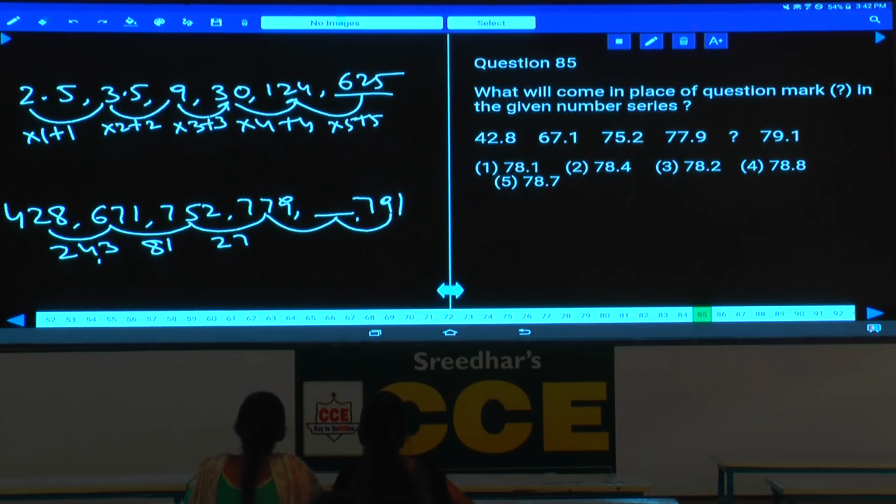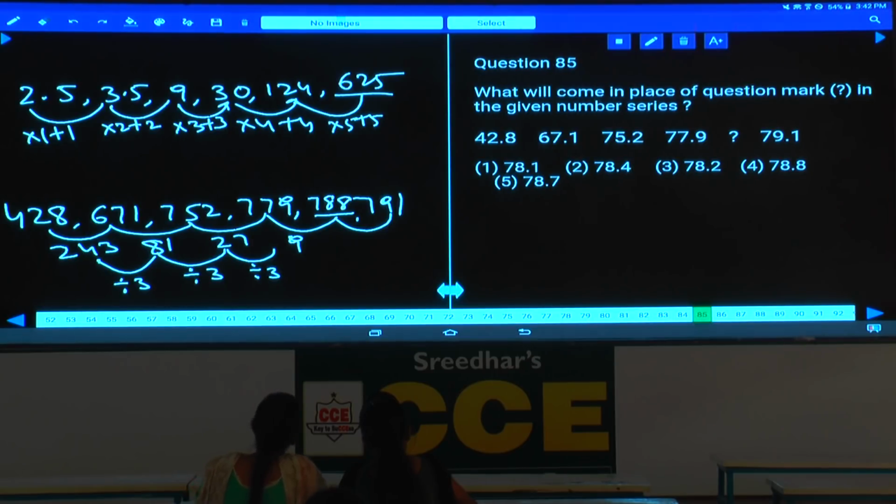243 can be written as 3 power 5, or 243 divided by 3 is 81, 81 divided by 3 is 27, 27 divided by 3 is how much? 9. Then next, should 9 be added or subtracted? 9 must be added. 779 plus 9 is 788. 788 plus 3 will be 791.